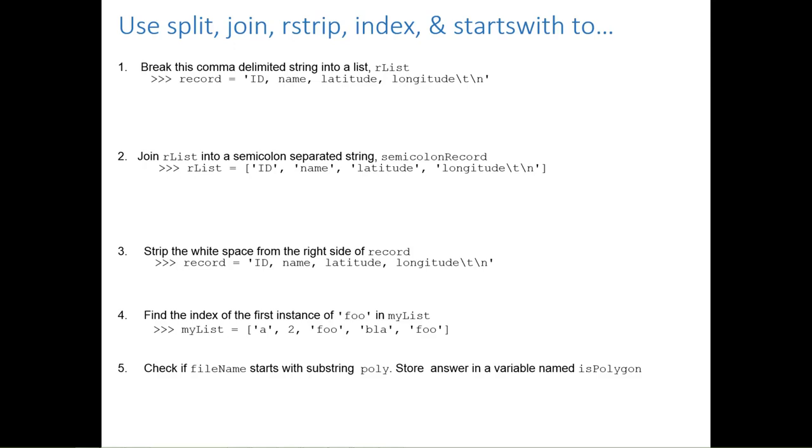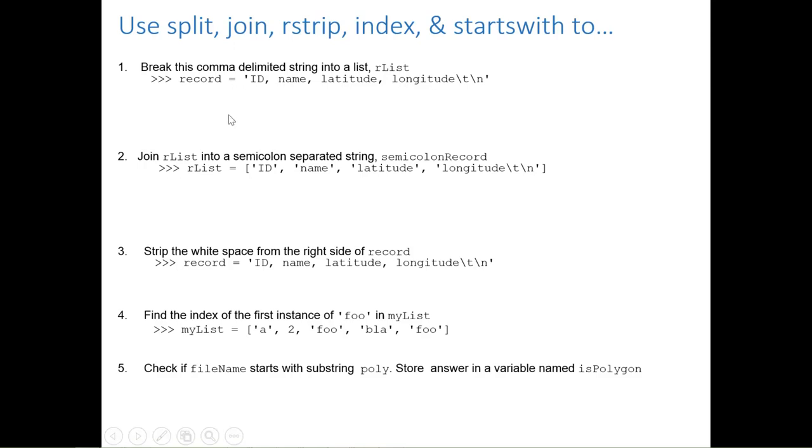Number 1 says break this comma delimited string into a list, rlist. So it's saying to use a string method, and the first string method in our title here is split. So we're going to use the string method on our string record.